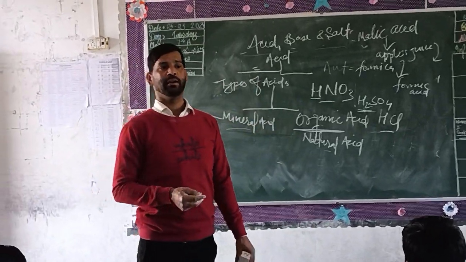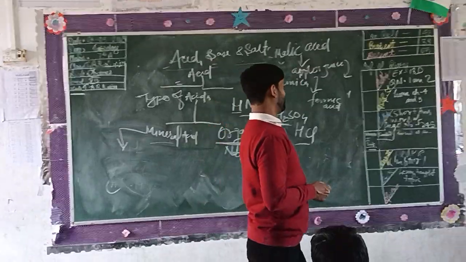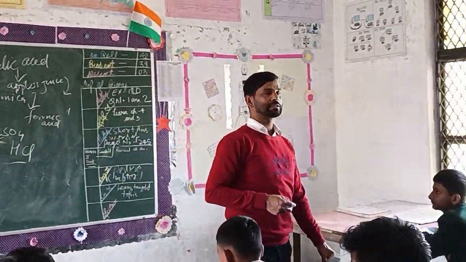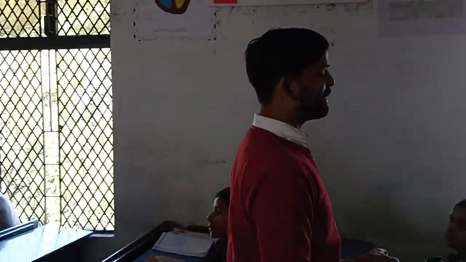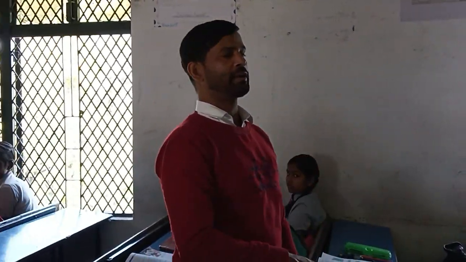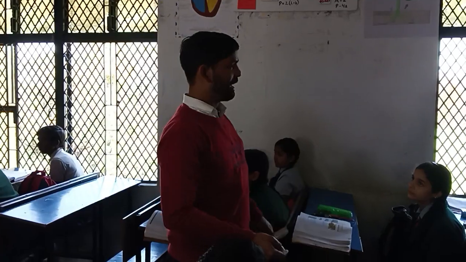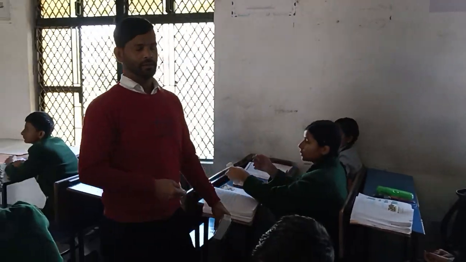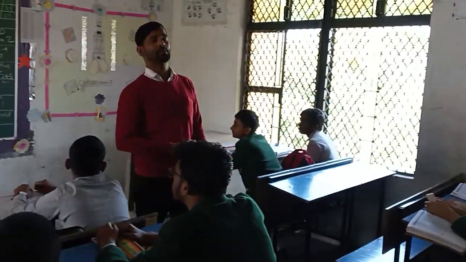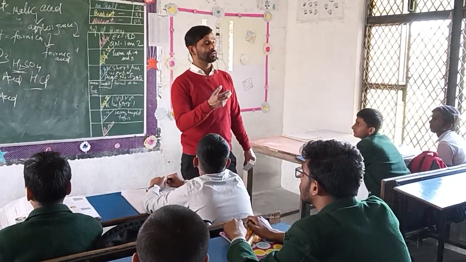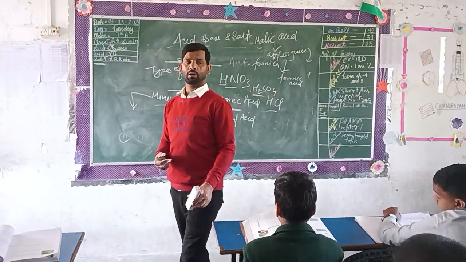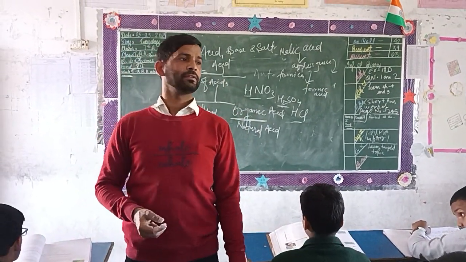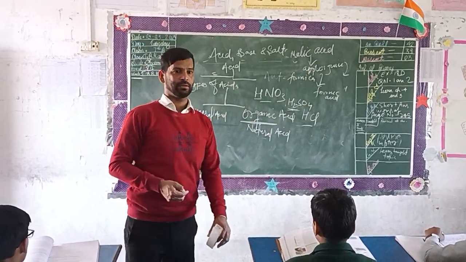It is called methanoic acid. As well as oxalic acid, we can get from spinach. Spinach is a natural product we use in our daily life. So this one is called oxalic acid. So these are the different types of natural or organic acids, as well as some mineral acids.